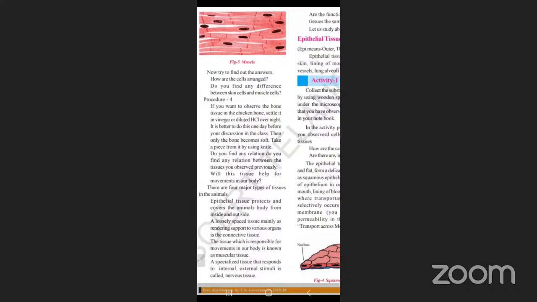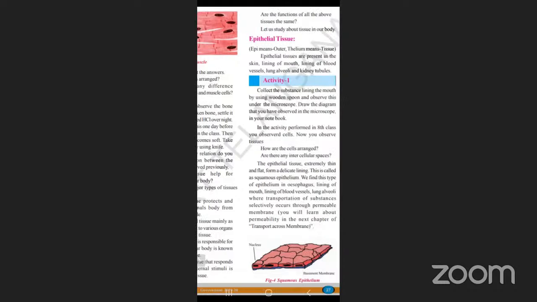So these are the tissues we have. Are the functions of all the above tissues the same? Let us study about tissues in our body. In 8th class, you already know about the cell. A group of cells which have the same structure and function forms a tissue.